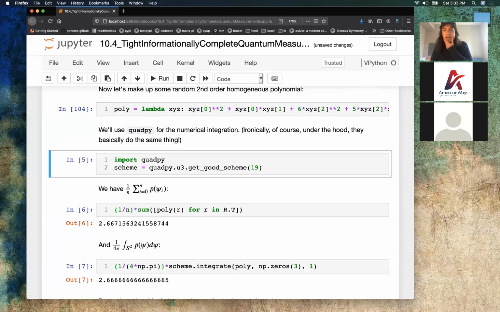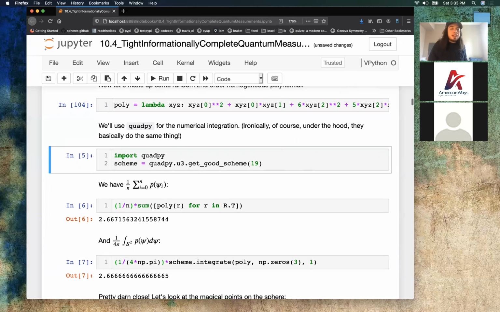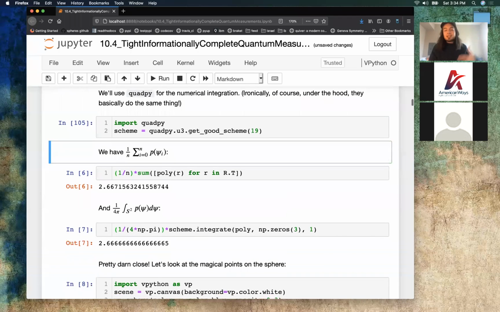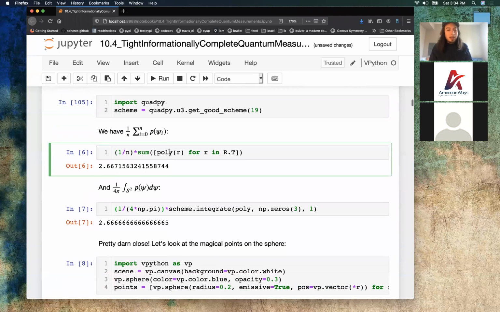So either they're like, in this case, x squared, or 2 of them multiplied together. So another great Python library worth knowing about is QuadPy, which does numerical integration. And ironically, they're probably using designs under the hood to do this. I forget exactly what goes on, but you can look at the docs. So we'll get a scheme for integrating over the sphere, and we can check it out.